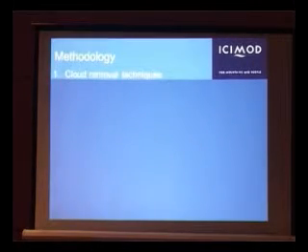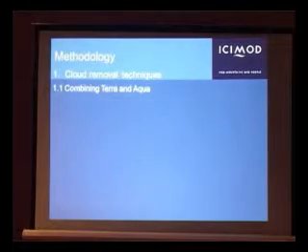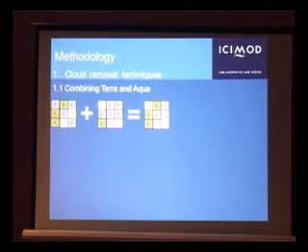Methodology: you all know that the discussion earlier was on the cloud, being much of the hindrance in mapping snow pixels. So the first thing that we thought was to work on removing the presence of cloud or the influence of cloud in the product. And the first thing that we did was combining Terra and Aqua.